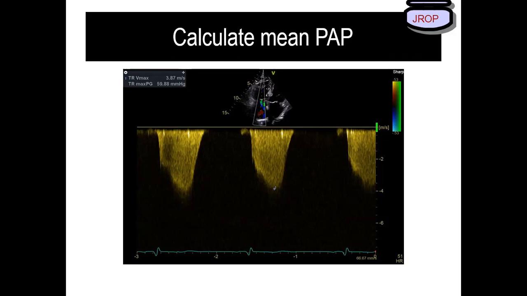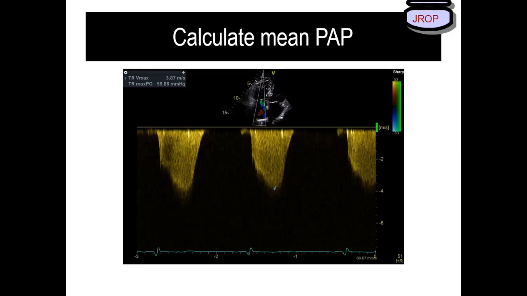Yes, this is exactly it. You calculated peak pulmonary artery pressure as 63, correct? Yes, sir. So what you should do in this patient is take peak pulmonary artery pressure 63, 0.6 into 63 plus 2.1 will give you the mean pulmonary artery pressure, 39.1 probably. Why do you want to trace it?